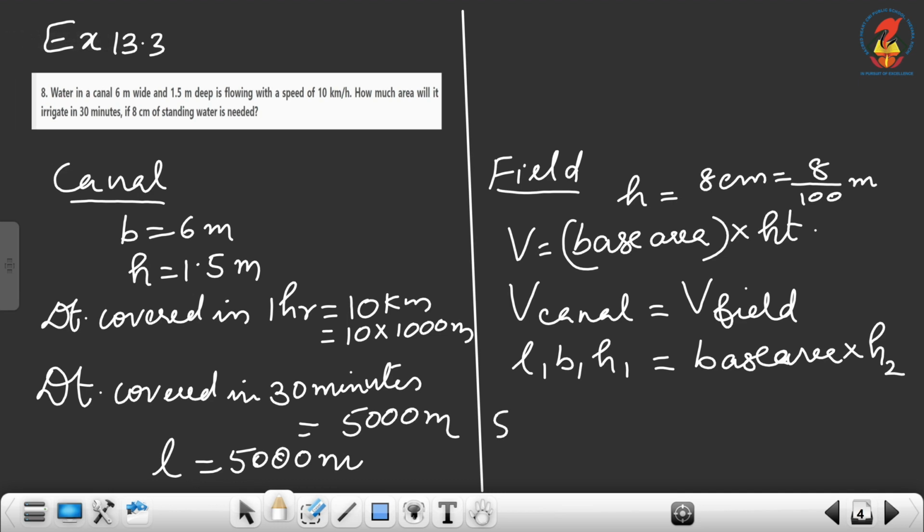So, we are writing it as 5,000 into 6 into 1.5 is equal to base area into 8 by 100.